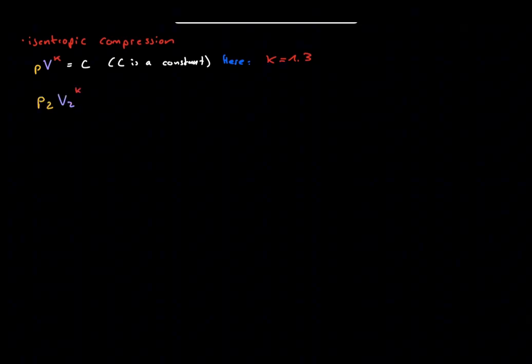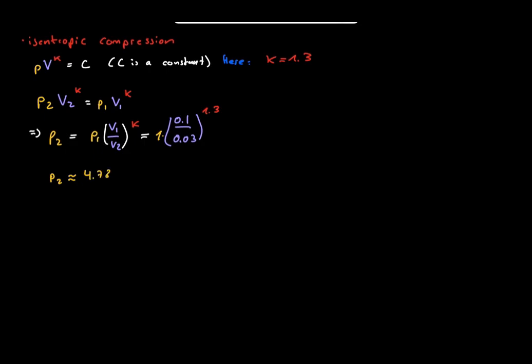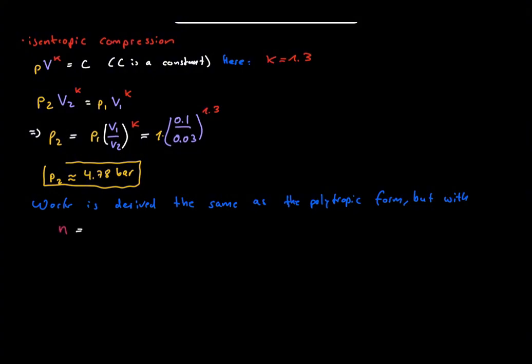Now the isentropic case. For isentropic compression, P times V to the power kappa equals constant. Here kappa equals 1.3. Calculate final pressure. P2 equals 1 times 0.1 over 0.03 raised to the power 1.3. This gives about 4.78 bar. The work equation is the same form as before, but now n is replaced by kappa.